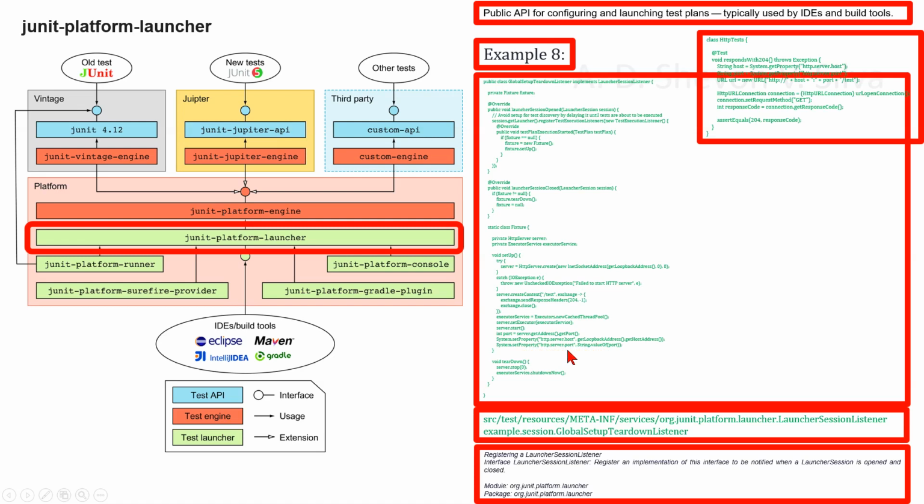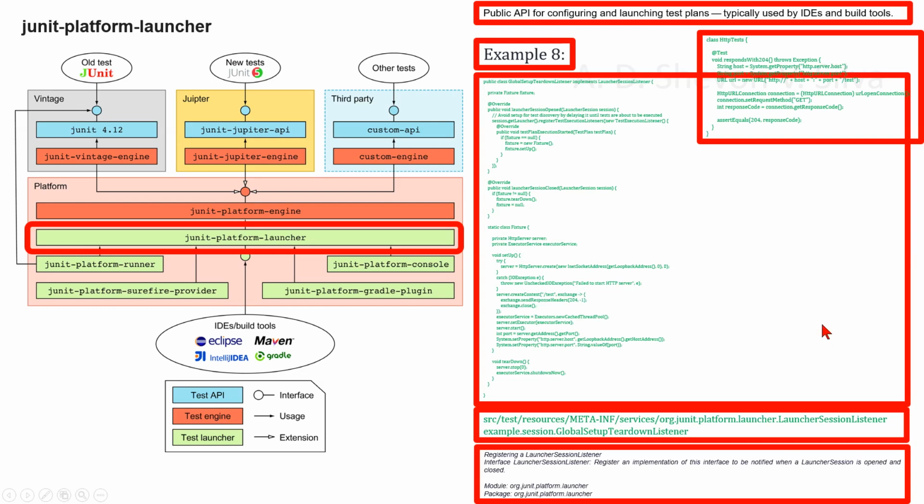And here, stop the HTTP server. The sample uses the HTTP server implementation from the JDK HTTP server module that comes with the JDK, but it would work similarly with any other server or resource.